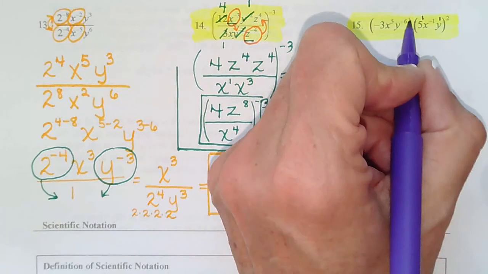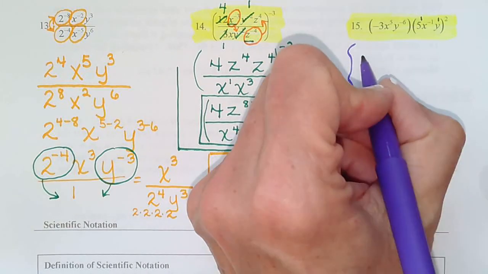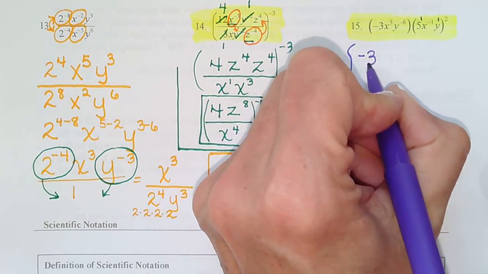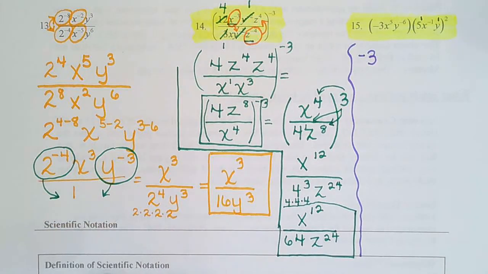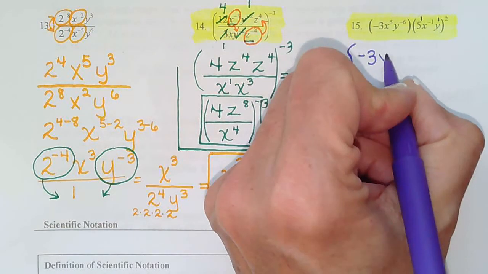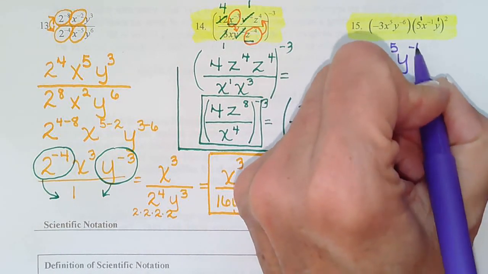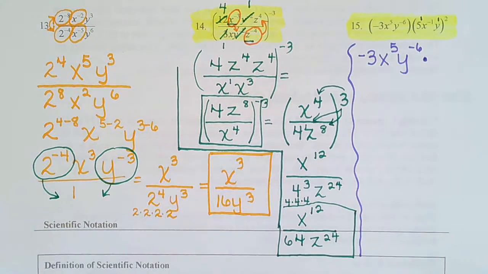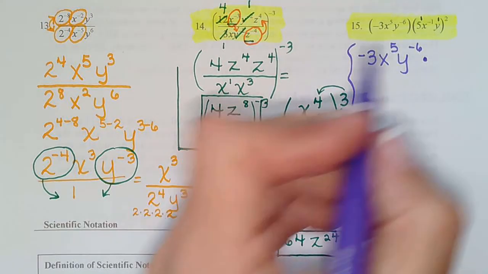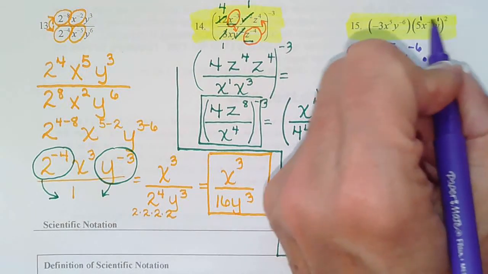So because there's no exponent or anything here, this is really just going to come down. It doesn't even need the parentheses. So we can drop the parentheses and just bring it down. So it'd be negative 3x to the 5th y to the negative 6 times, because 2 parentheses side by side just mean times, and then this one will be 5 and raising to a power.